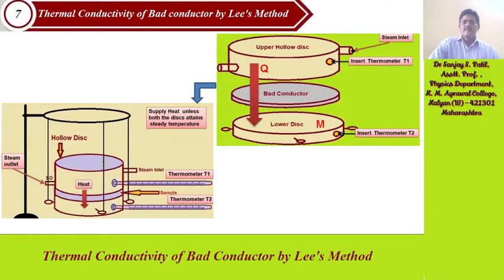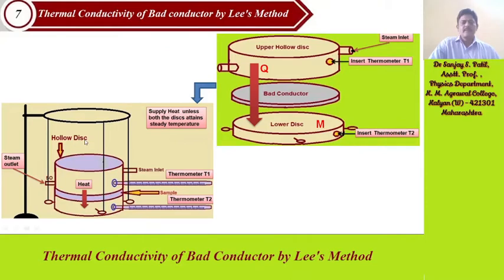In this experiment, the upper disc is hollow, with a steam inlet hole and a steam outlet hole, and heat passes through this bad conductor to the lower disc of mass m. We have kept two holes, hole 1 in the upper hollow disc and hole 2 in the lower disc.